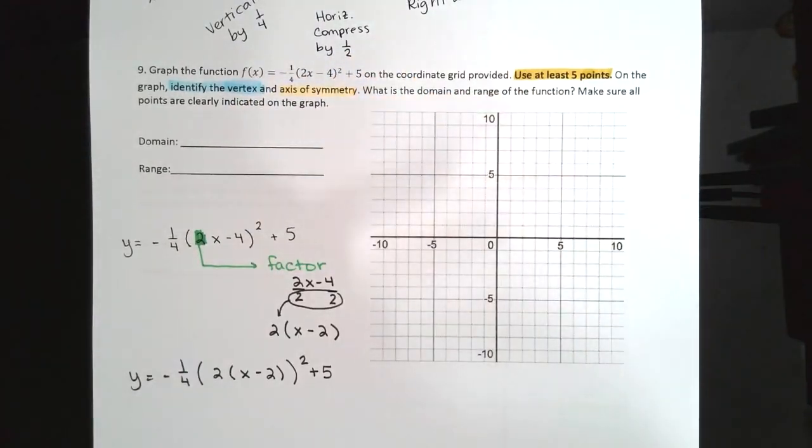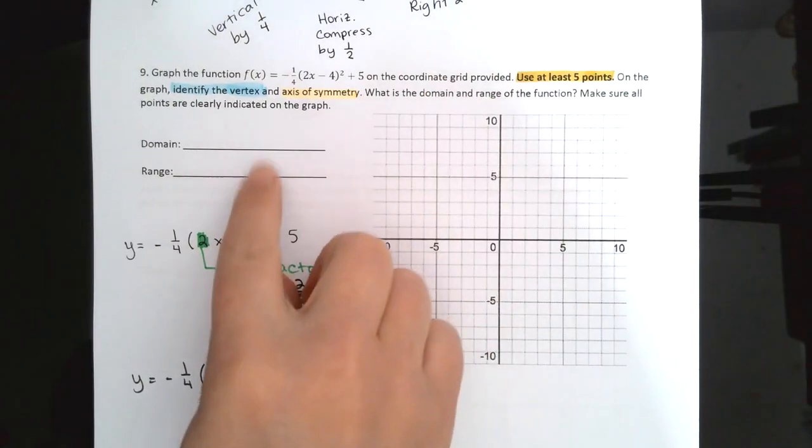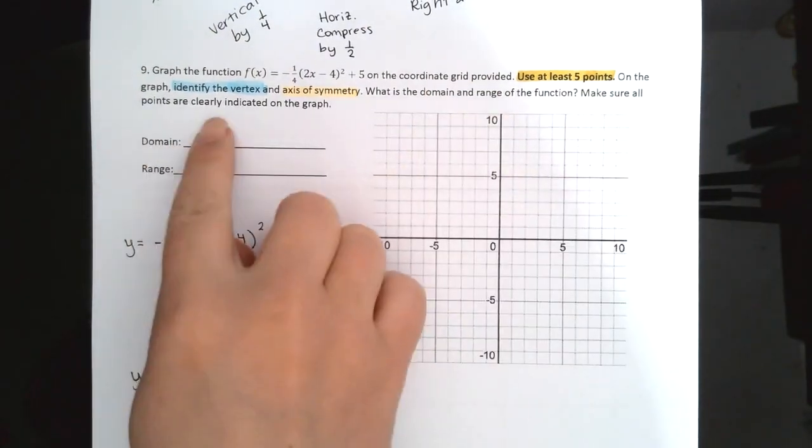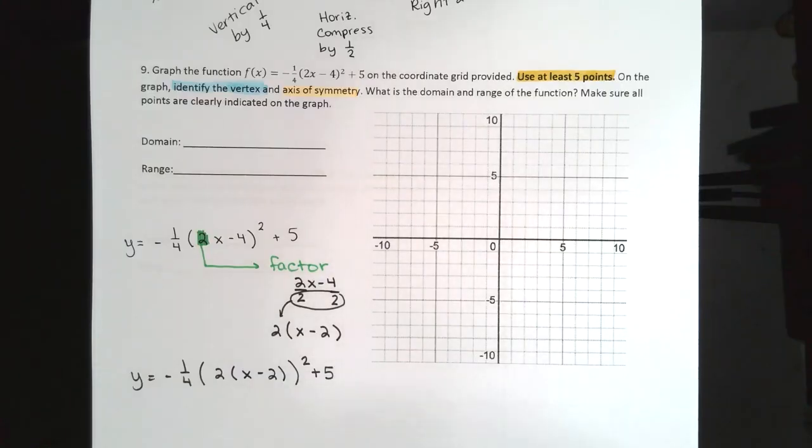That's a third thing I'm looking for. Technically, 5 points, then vertex, then symmetry. What is domain and range of the function? So we're going to write that there. Make sure all points are clearly indicated on the graph. Please make sure that I'm able to read what you are graphing. If it is a guess that I have to do, I'm not going to be able to guess correctly.